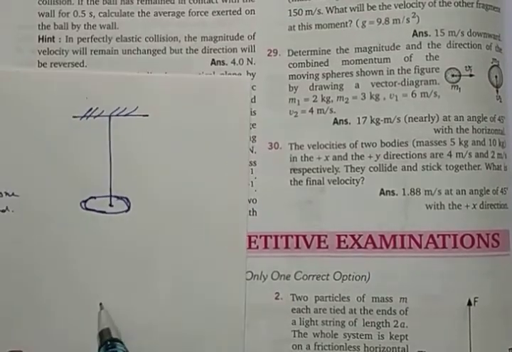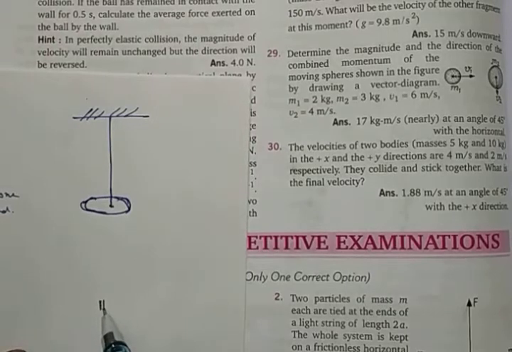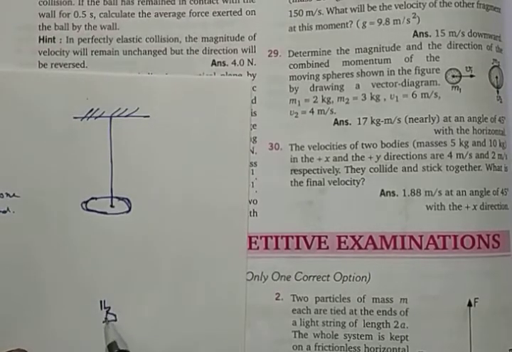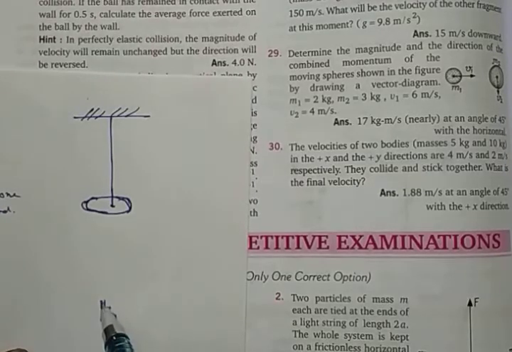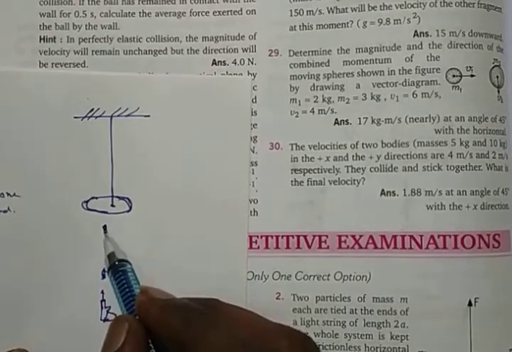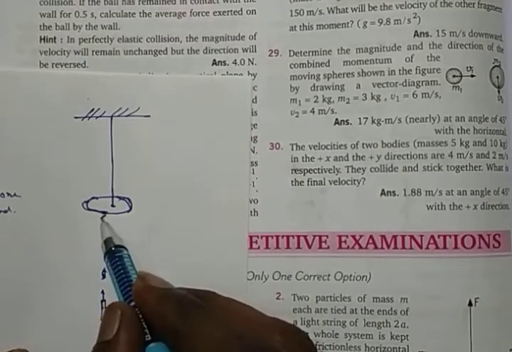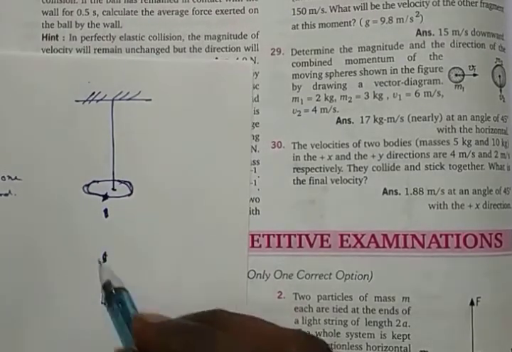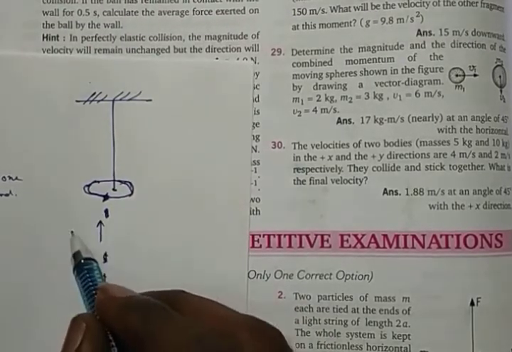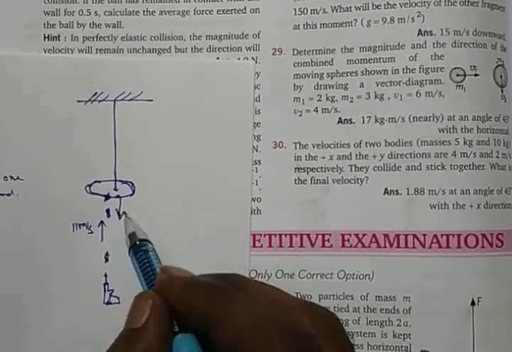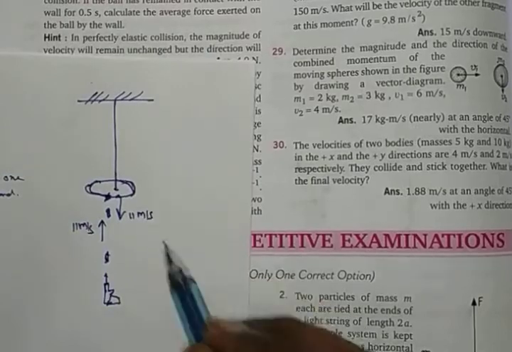Now a child is taking a toy gun and is trying to fire small bullets. Tiny bullets are going up. The bullet will hit the disc and then come back. It goes at 11 meters per second, hits it, and then comes back again at 11 meters per second.